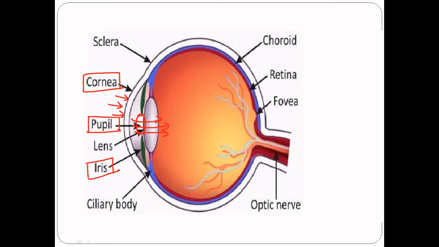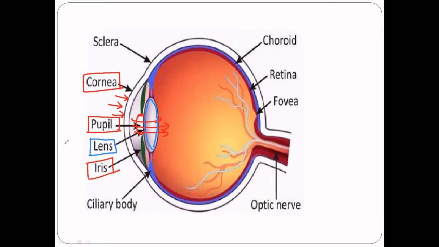Now, next to the pupil, we can see a transparent convex structure. This convex structure, which is present in our eye, is known as the lens. This convex part, which is made up of protein, is known as the lens.